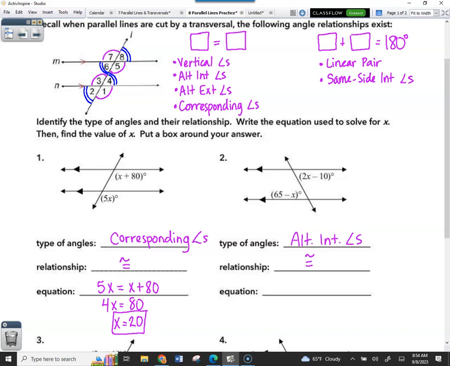So that means I set the two expressions equal to each other. Did you get 25?